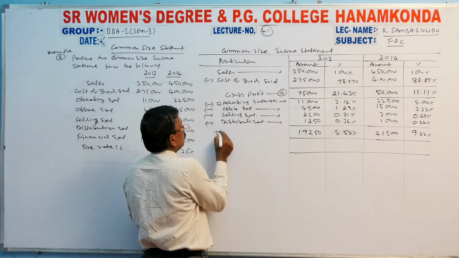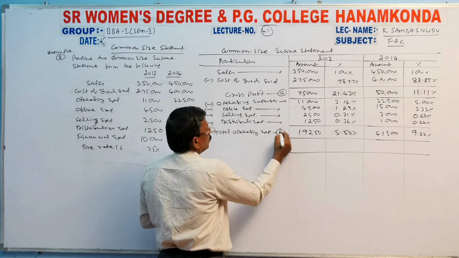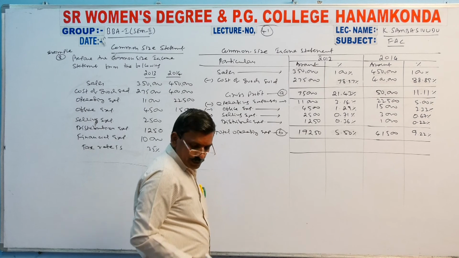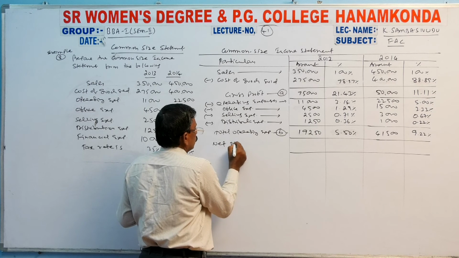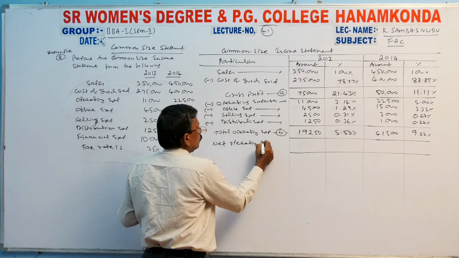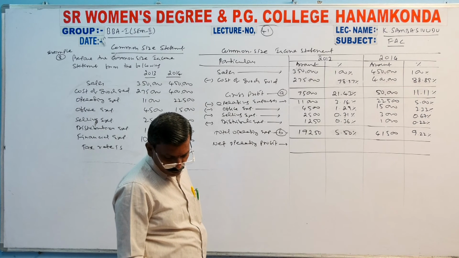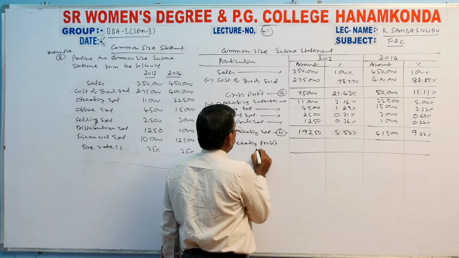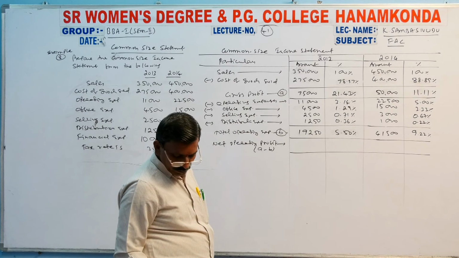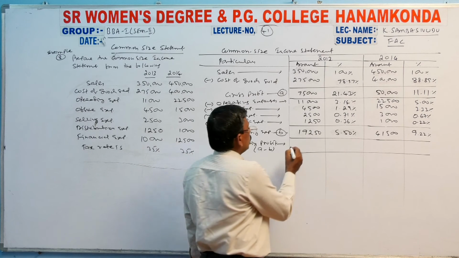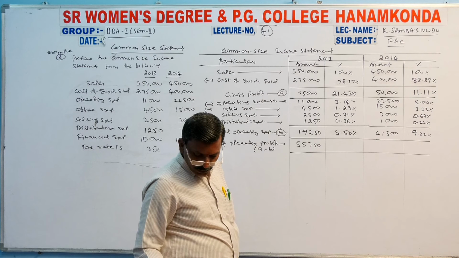This is the total operating expenses. So net operating profit is A minus B, 55,750 and 8,000.